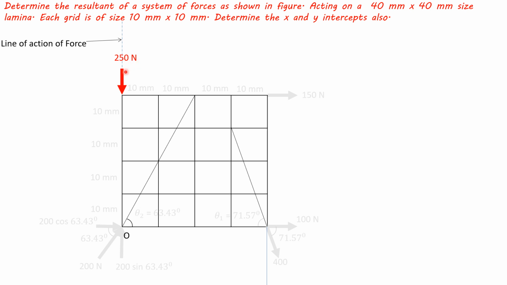And for this force, 250 Newton, it will have line of action of force like this, and it will pass through point O like this.